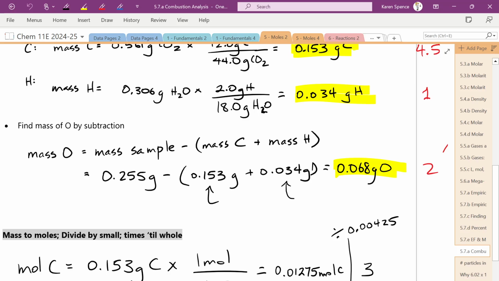Wait, what are you trying to find? Hydrogen, right? We're going to divide by the smallest one, and the smallest one is this one. But that's okay, because yeah, divide by the smallest one. It's still correct.